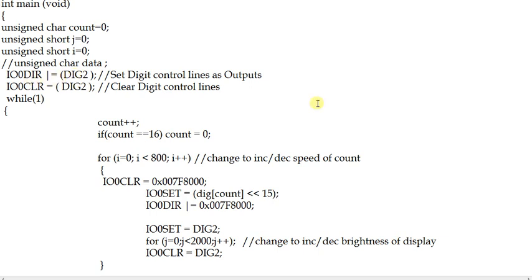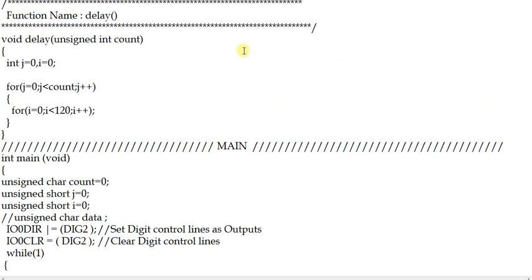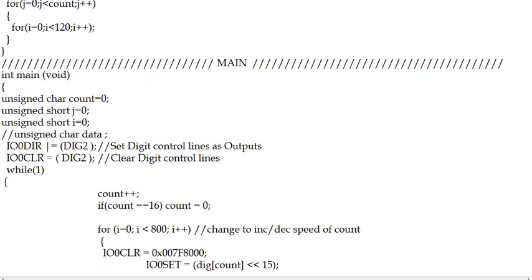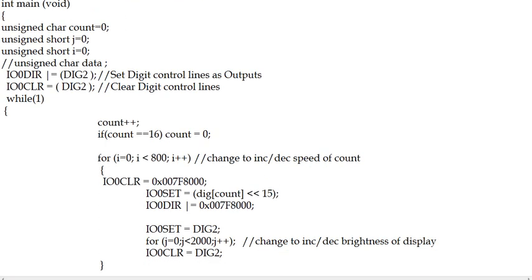Which is the digit here? Already digit 2 has been set here, pin number 11. So we are setting pin number 11, which is nothing but instructing that digit 2 will be used as an output line. IO not clear is nothing but, before displaying anything, we clear the content of the 7 segment LED display. The segments will be cleared.